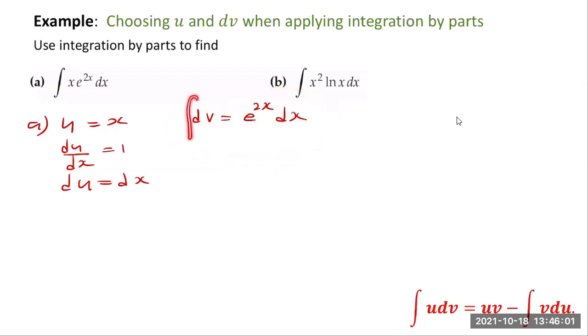If I integrate both sides, integration of this side is just v is equal to the integration of the right-hand side, which would be e to the power 2x divided by 2. That way we find the function v.